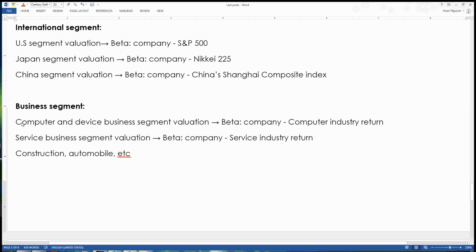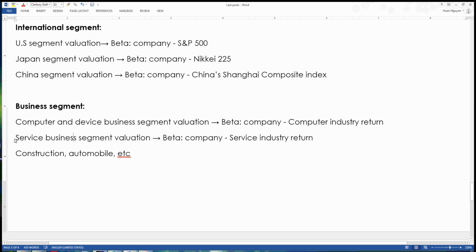For the computer segment, we have to evaluate it individually. In this case, the beta for this segment will be based on the company stock and the computer industry market return, so we will use the market return of the many companies working in the computer industry.